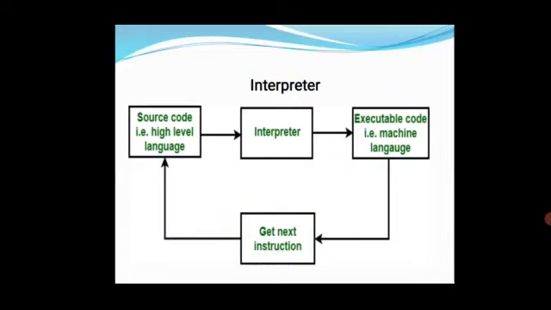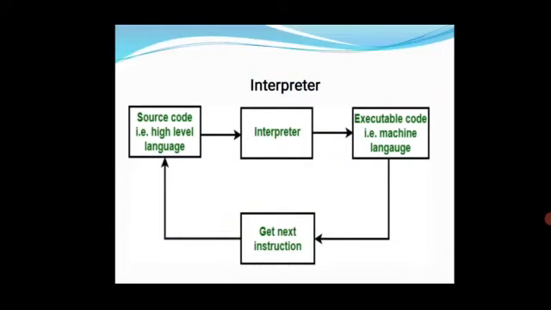It will take one line at a time and convert it into machine level language. So the difference between interpreter and compiler is what? Interpreter checks line by line. Compiler checks the whole program.